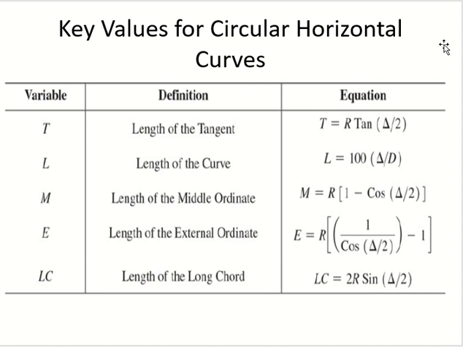When you do the horizontal alignment, you know the direction of the road. You know where the direction is changing and how much it is changing. So that will give you delta. And radius, we design the radius. In the last topic, we saw the equation of radius, right? We used it as well.